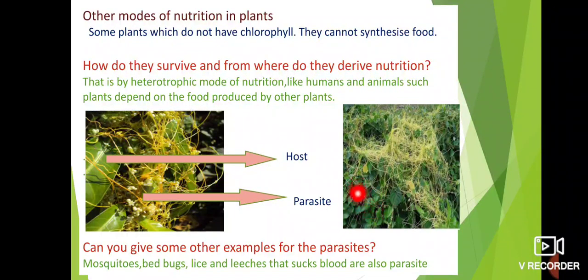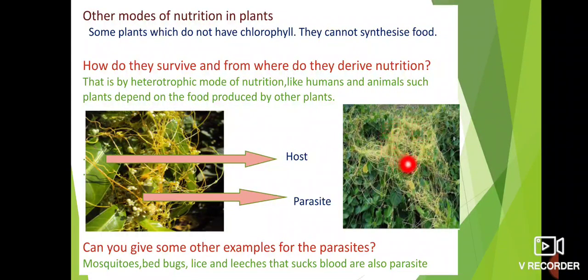See the second image. There are green leaves. This is a green colored plant. On this plant, the yellow colored thread like plant is spread over it. That yellow colored plant does not have chlorophyll.